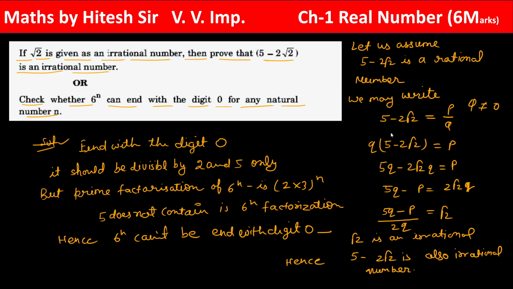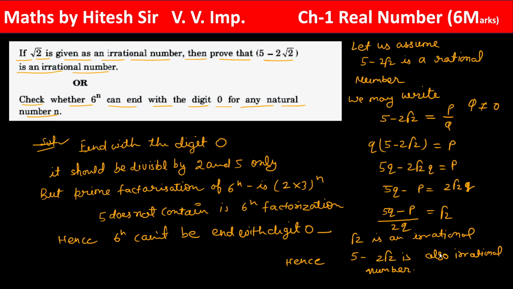It's very simple. Let me explain once again. You need to express this in the form p upon q, cross multiply, and find the value in terms of root 2. If root 2 is rational, that should also be rational. If root 2 is irrational, that should also be irrational. So 5 minus 2 root 2 is also an irrational number.